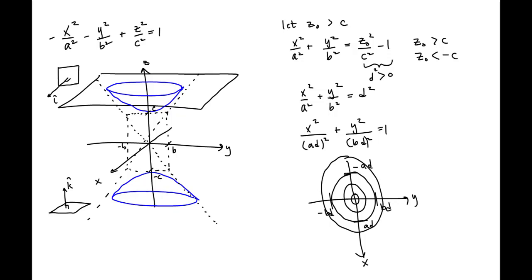So to clean this up a little bit, a hyperboloid of 2 sheets looks like 2 cups.